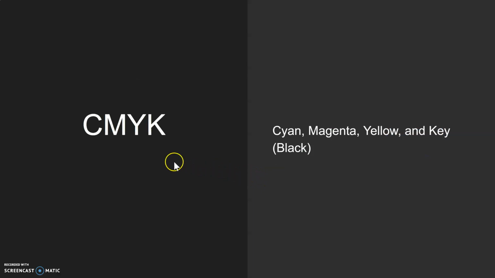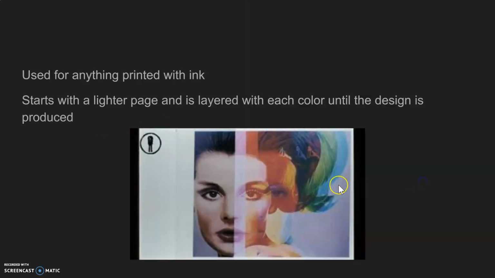And then you have your CMYK, which is cyan, magenta, yellow, and key, which key is black. This is used for anything printed with ink most of the time. It starts with a lighter page, and then it's layered with each of the colors, the cyan, magenta, yellow, and the black.